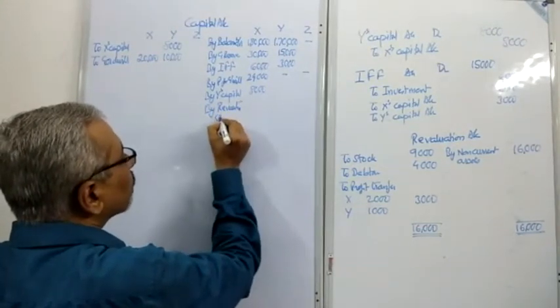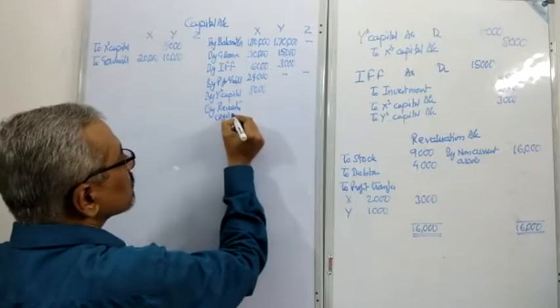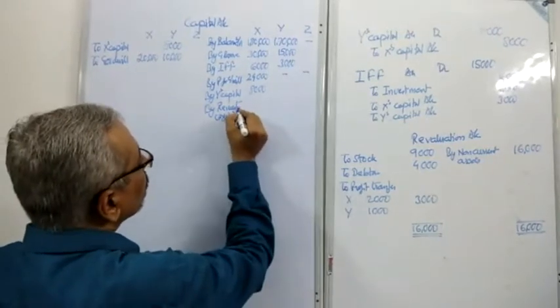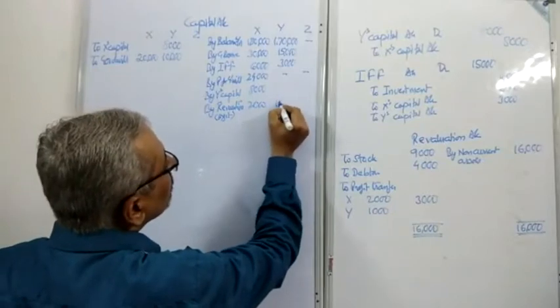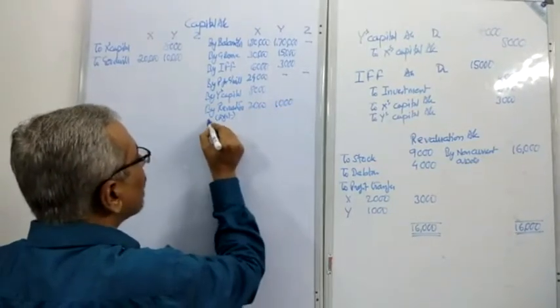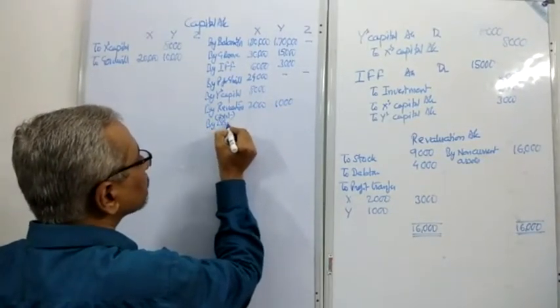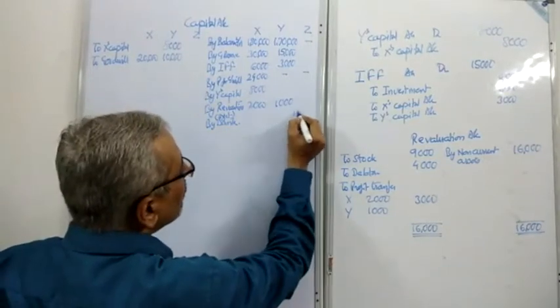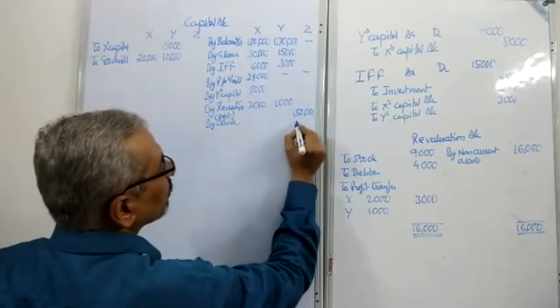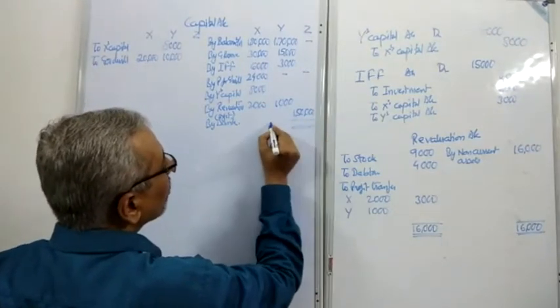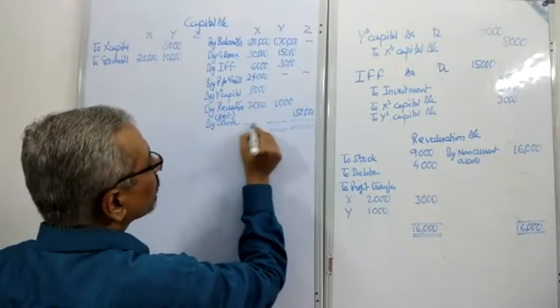We can write profit, and the amount we can see over here is 2,000 and 1,000 respectively. Last entry by bank, and it is 1,50,000, which was brought in by the new partner.